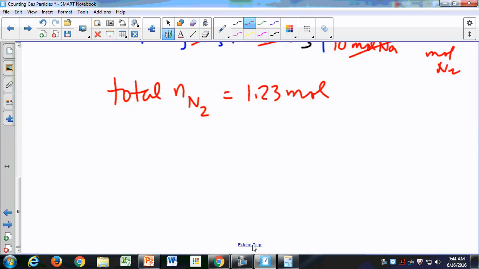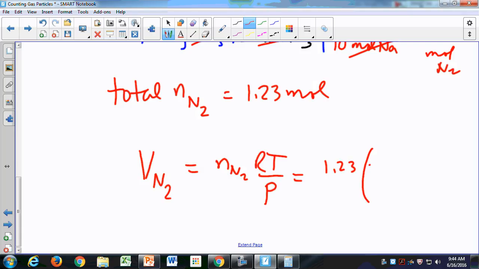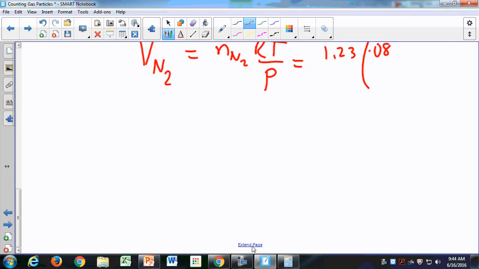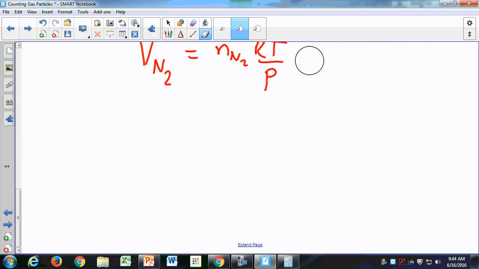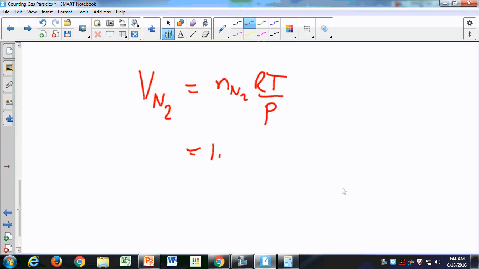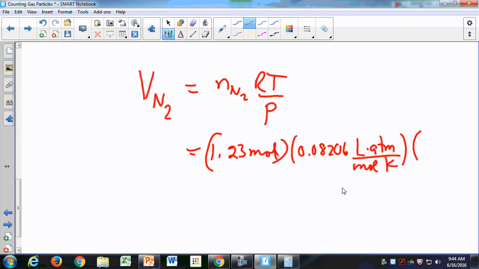And now all I have to do is get the volume of the nitrogen, which will be the volume of the airbag: moles of N2 times RT over P. So moles of N2 is 1.23 moles, times R, which is 0.08206 liter atmosphere per mole Kelvin, and temperature is 298 Kelvin, divided by our pressure of 1 atmosphere.